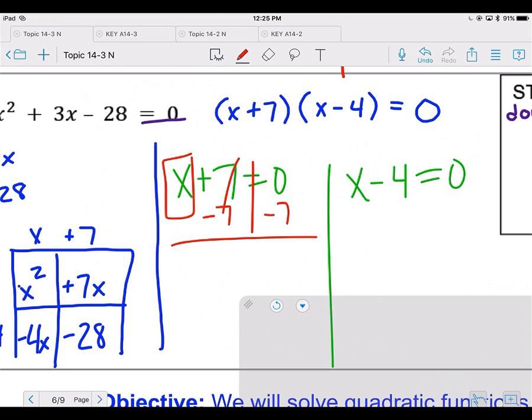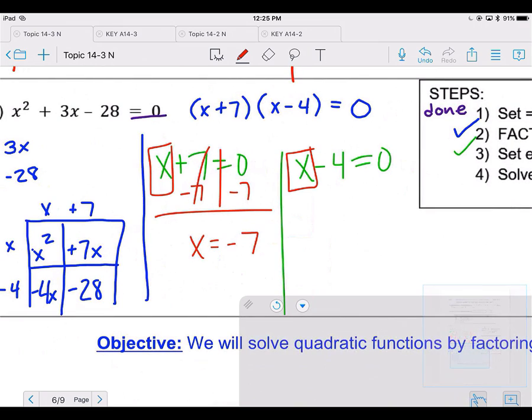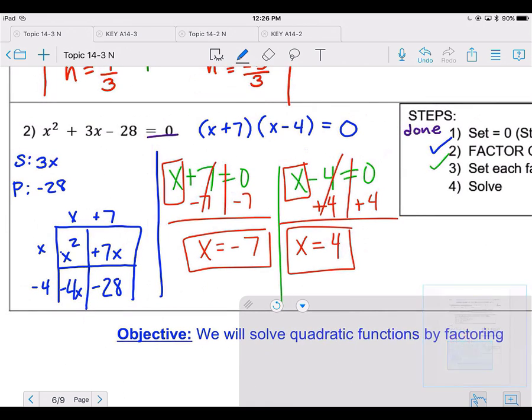So I subtract 7 from both sides, and x equals negative 7. My other factor, I solve for x. So I add 4 to both sides, x equals 4. So I have two answers, which makes sense because this is a quadratic. So x is negative 7 and x is a positive 4.